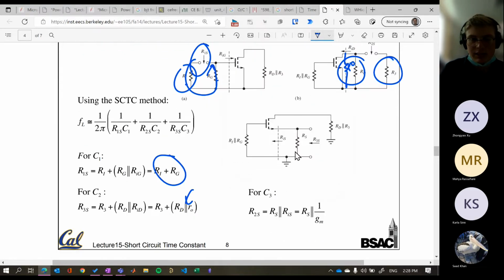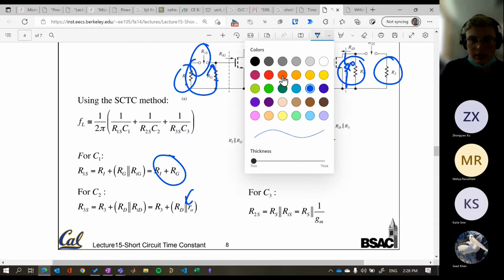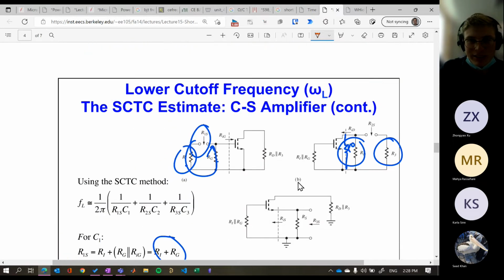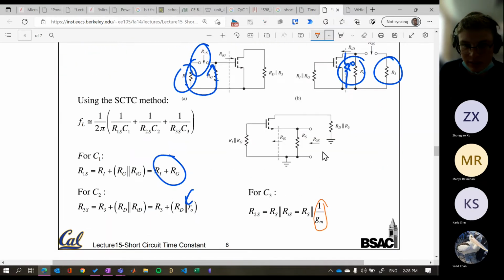And then finally, C3, this is a bit of a wacky one, but essentially we get a 1 on GM. Weird. That's going to come out of the fact that this is going to be VS. VG is going to go to 0, so this is only going to depend on VS. And then we've got our RS here.